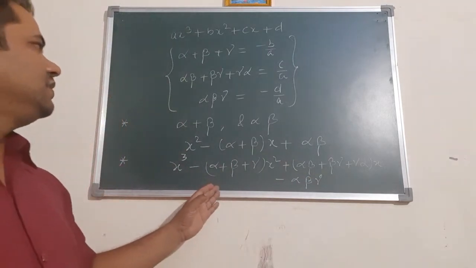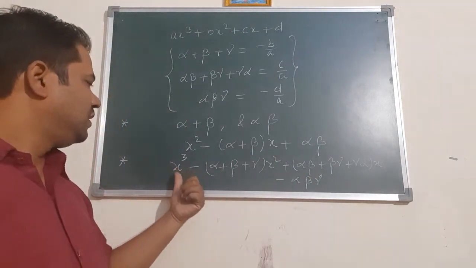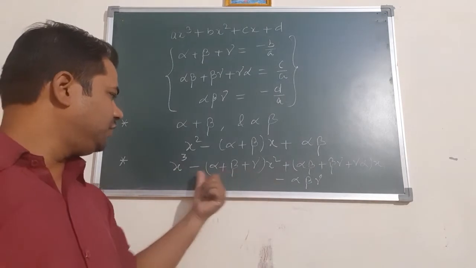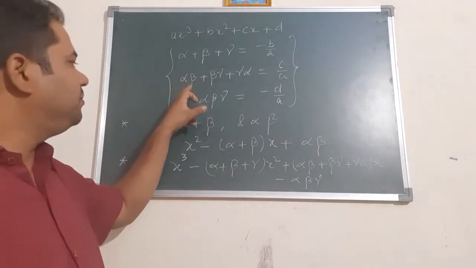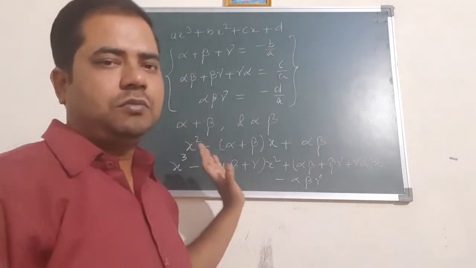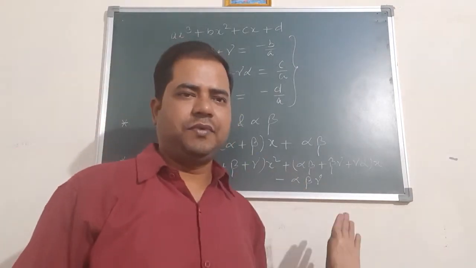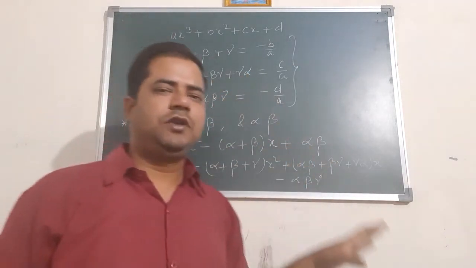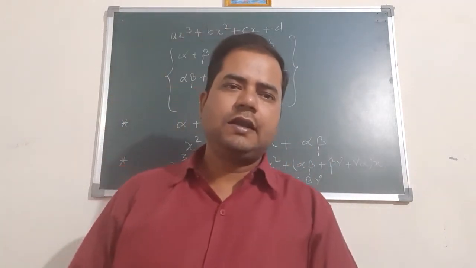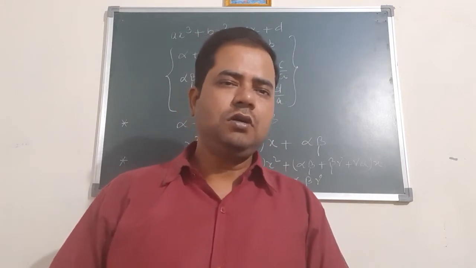This is the polynomial when the sum, the sum taken two at a time, and the product of the zeros of a cubic polynomial are given. So this is the whole relation between the coefficients and zeros of the polynomial.